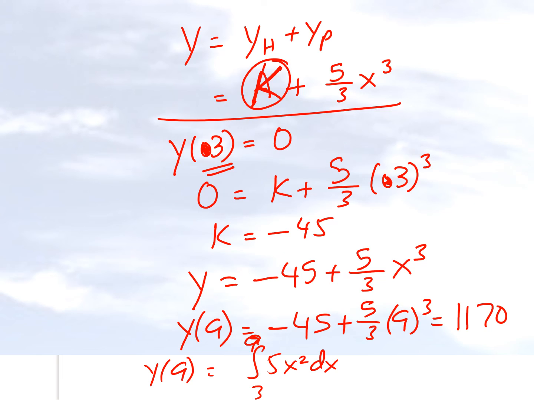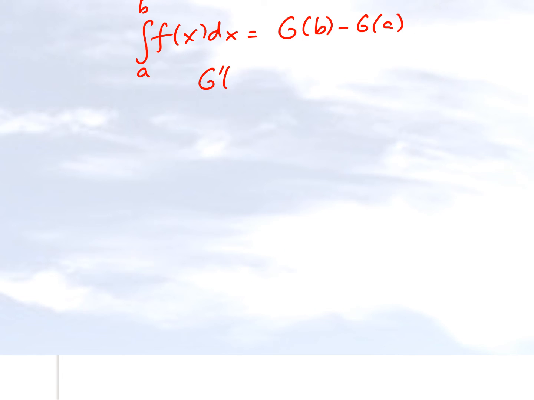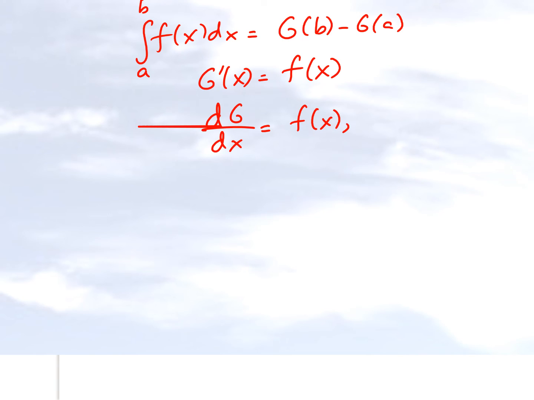So again, what we have to understand is that this did not turn out to be a magical thing. Why? Because if we have an integral, it will be equal to g of b minus g of a, provided that g is the antiderivative of the function f of x. And we are able to repose this problem as dg by dx equal to f of x with g at a equal to 0.